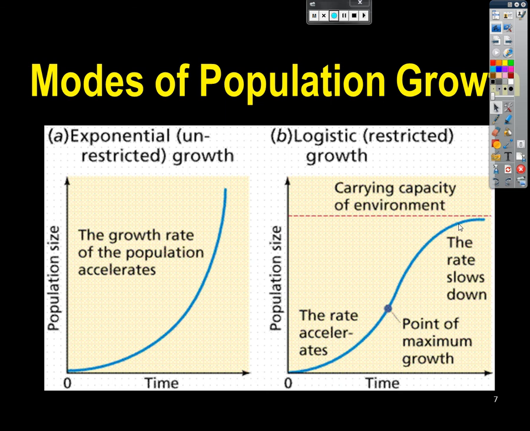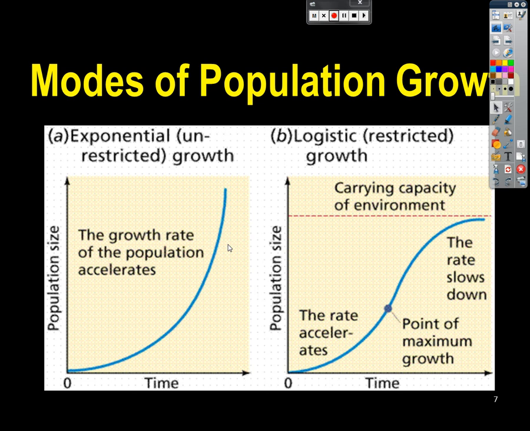With exponential, we would see this grow, and obviously at some point, once it excessively exceeds its carrying capacity, nature will find a way to balance this out as well. Something will happen to the population size to slow it down or bring it back down.